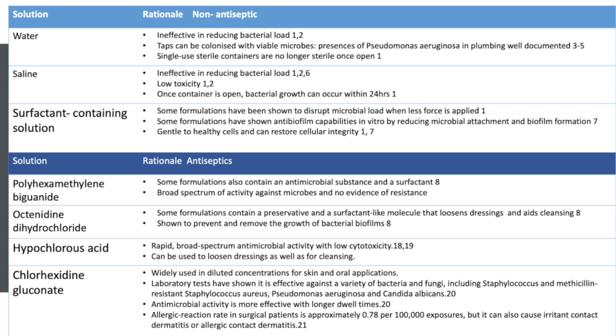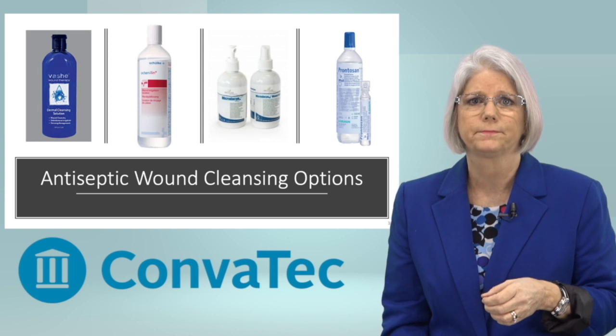The hypochlorous acid, again, is quick acting and has antimicrobial properties. And the chlorhexidine has antimicrobial properties, but it does have some evidence in the literature of resistance and some episodes of dermatitis, but certainly has efficacy in regards to being bactericidal.